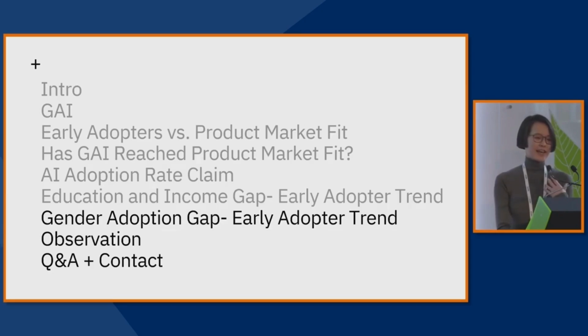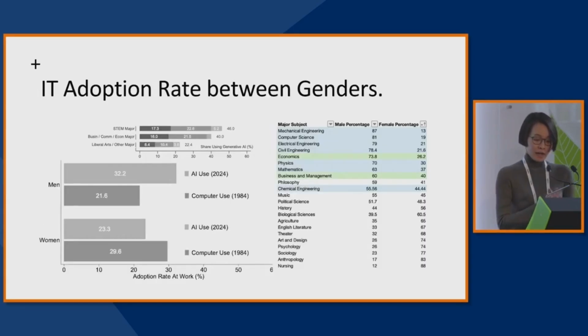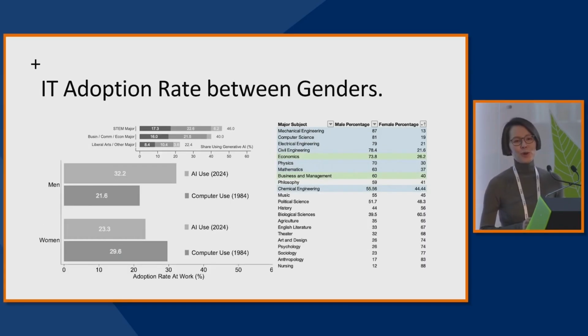All right, now we have covered the early adopter trend among different education and income. Let's talk a little bit about the gender adoption gap. Although partly I do not agree with this categorization.